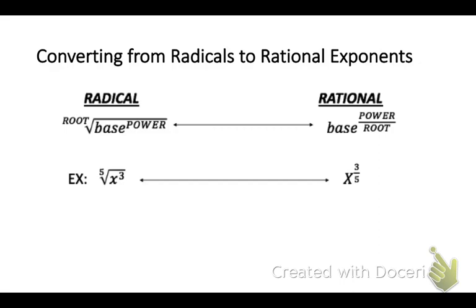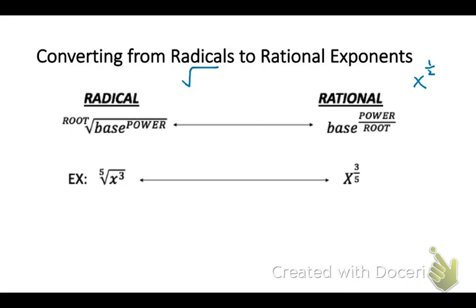Now, when we convert a radical expression to a rational exponent expression, remember a radical has a root in it, like this, and then an exponent is just what you expect, so something like this, an exponent term. So you take the power and you put it over the root.